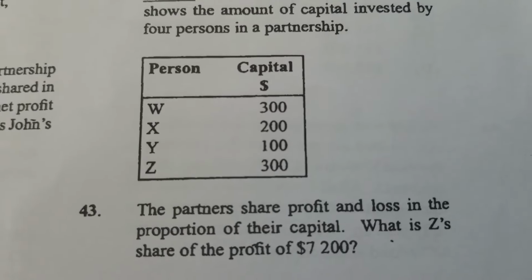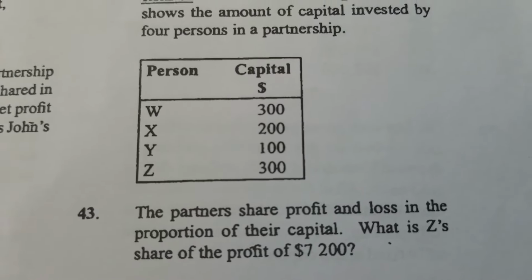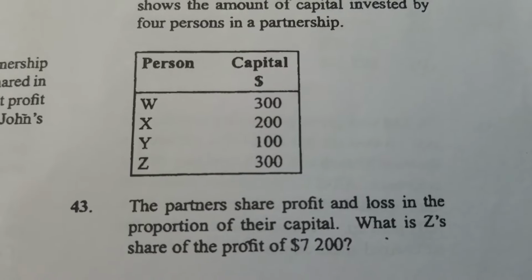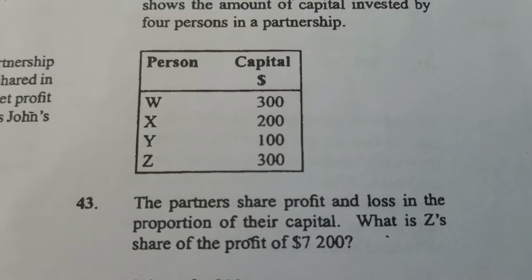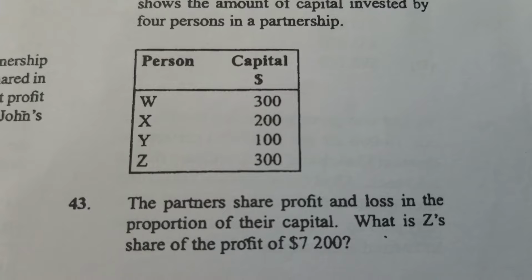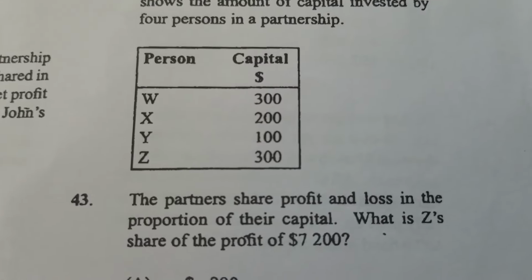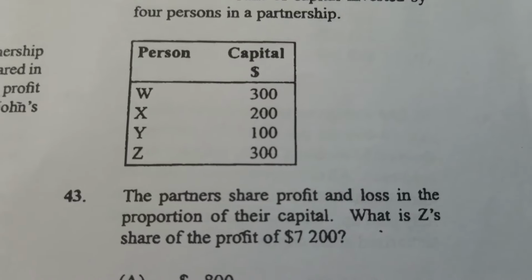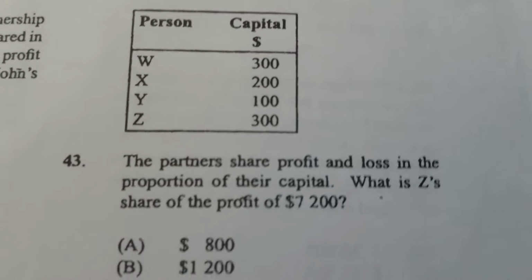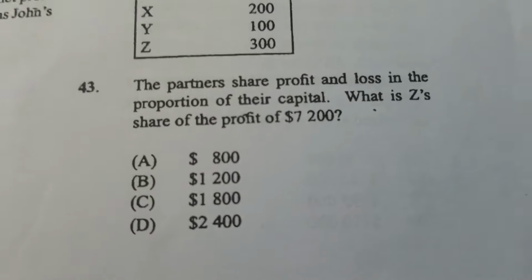We can cancel out all the zeros. They are all 100. So we cancel out all the zeros and we're left with W at 3, X at 2, Y at 1, and Z at 3. We are going to add all of those figures. So 3 plus 2 plus 1, that is 6 plus 3, that is 9. So for Z, it will be 3/9 times $7,200. And what is the answer then? You should get D, which is 2,400.